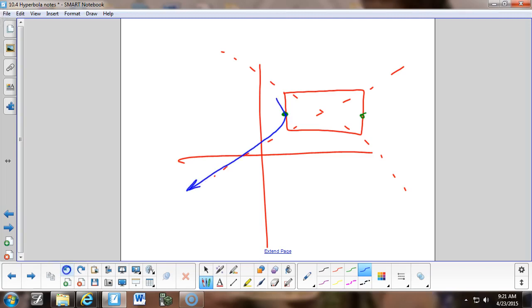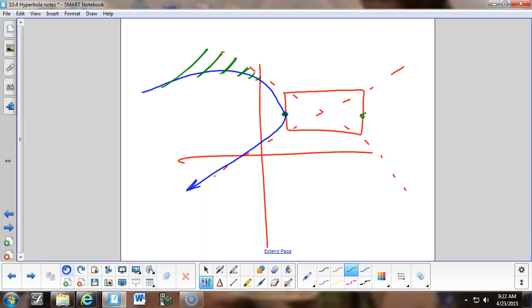Oh, and they don't go like this. Guaranteed there will be some of you who, when you draw your hyperbola on your paper, will do this. And what that's showing you is, look at how close the curve is to the asymptote, and then look what happens to it.